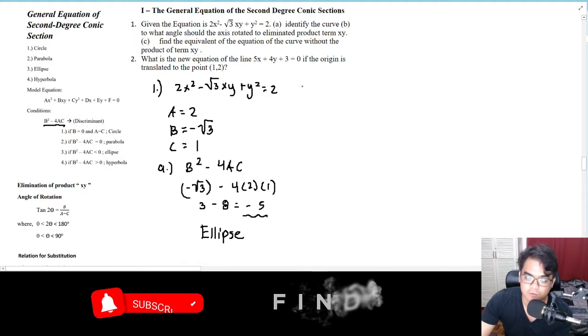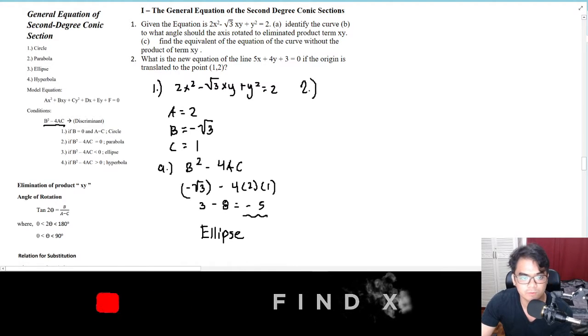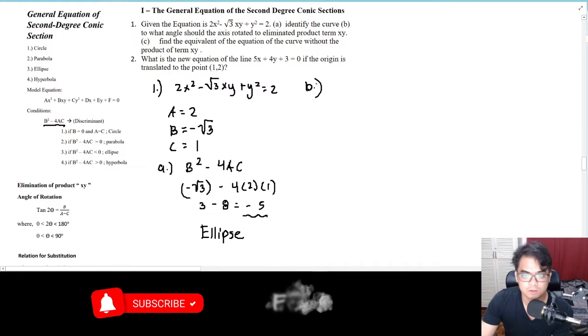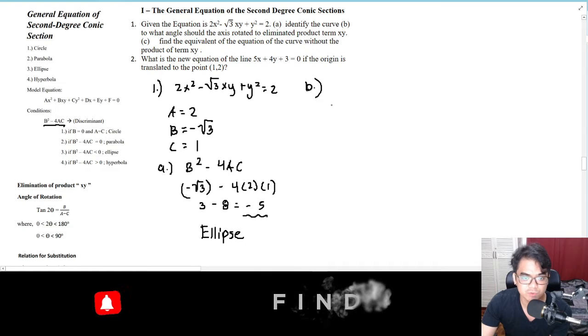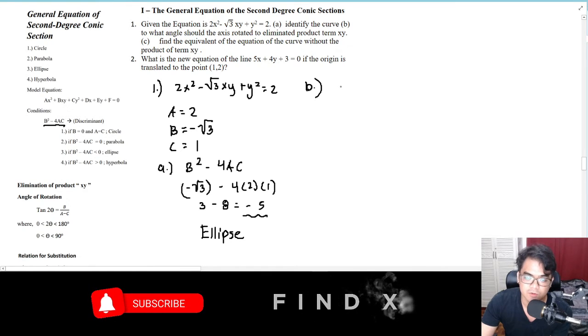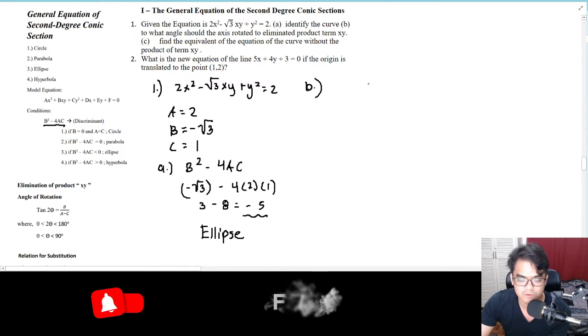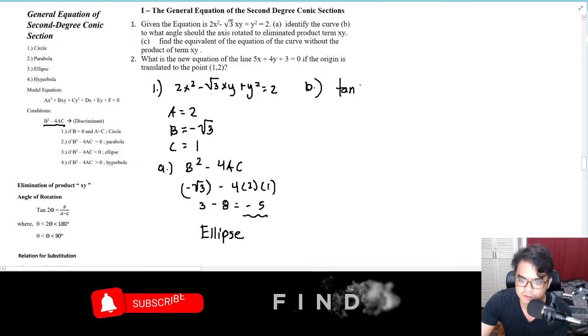So for letter B, to what angle should the axis be rotated to eliminate the product term xy? We have to use the angle of rotation, tangent 2 theta equal to b over a minus c.